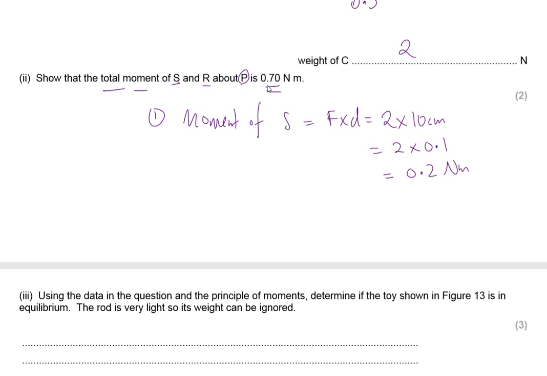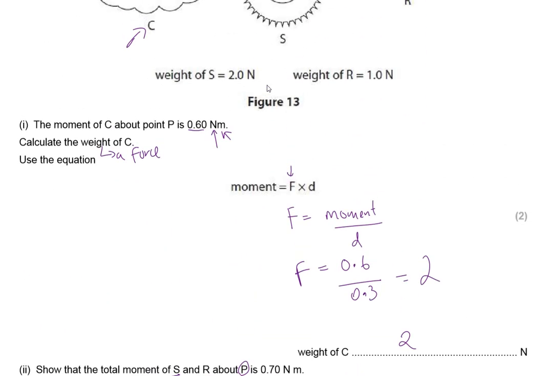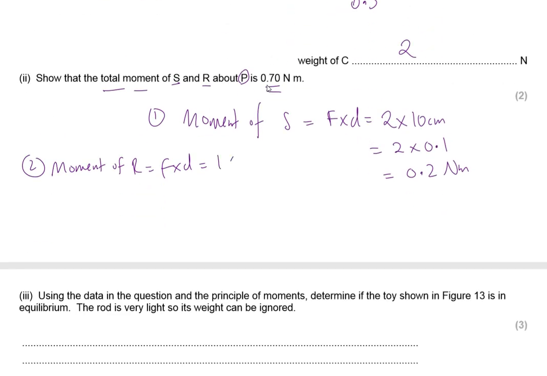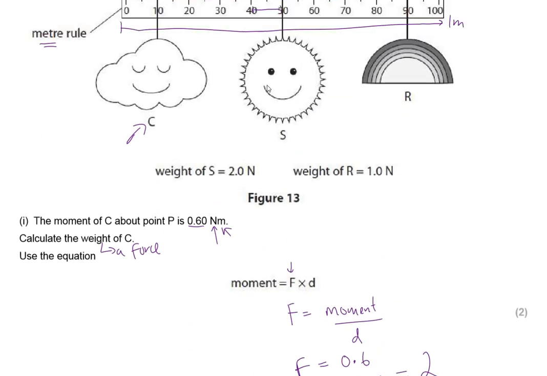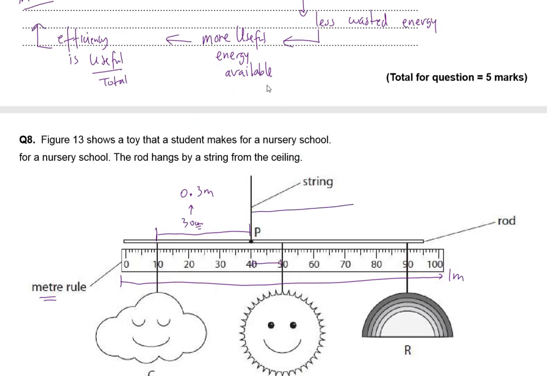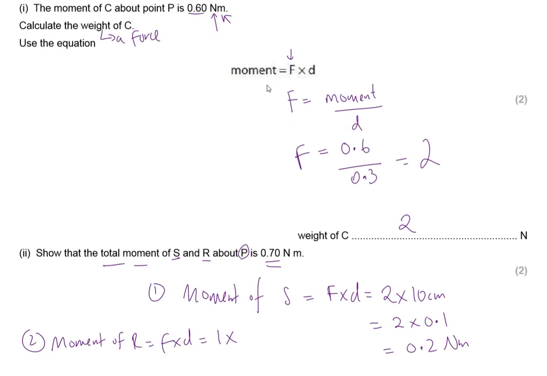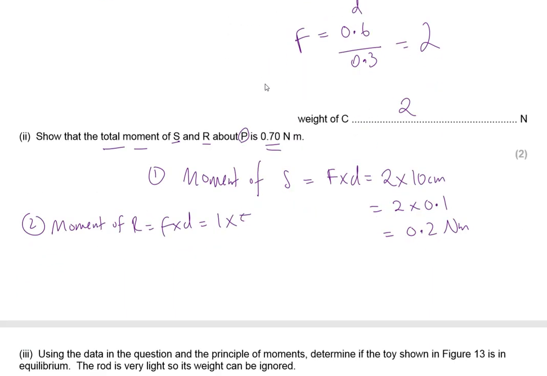And then we do the same thing with R. So moment of R is F multiplied by D. F of R we know is 1 multiplied by the distance of R. R is all the way from here to here, so it's 1, 2, 3, 4, 5, so it's multiplied by 50 centimeters, which is 1 multiplied by 0.5 meters.